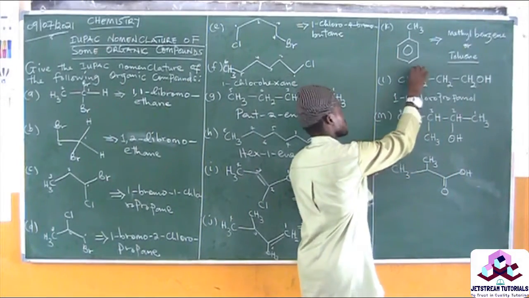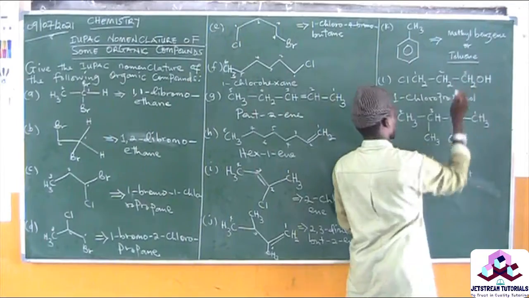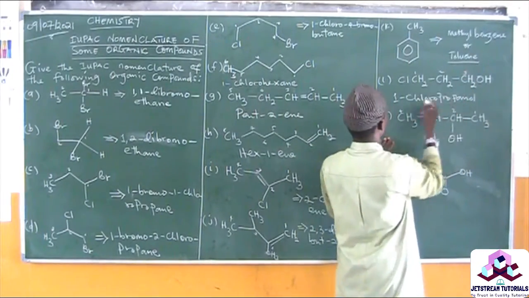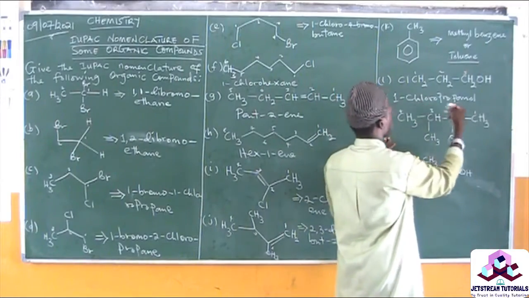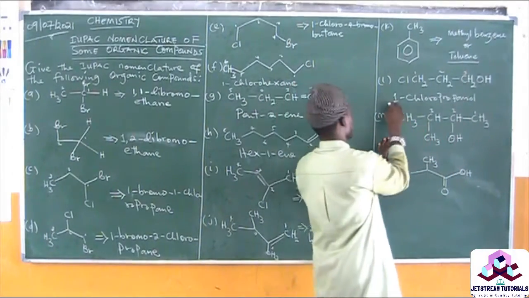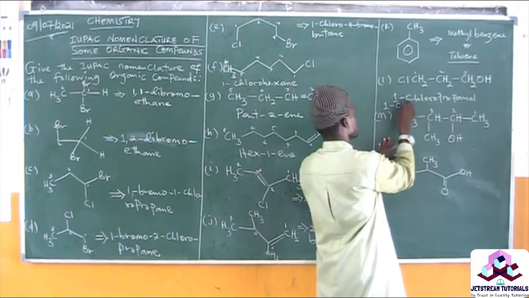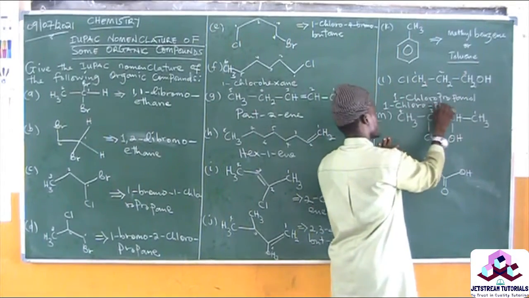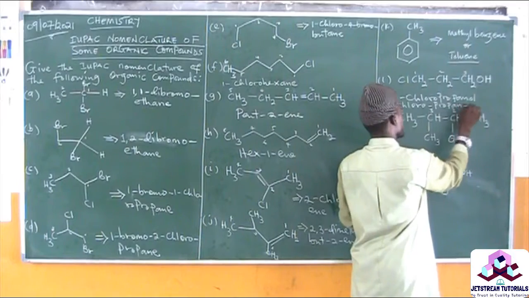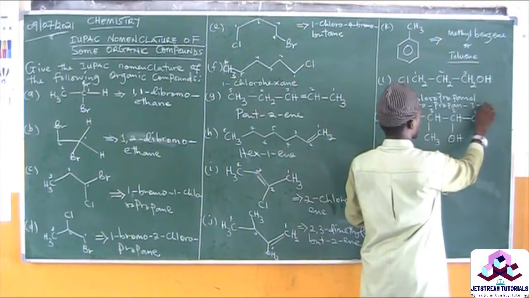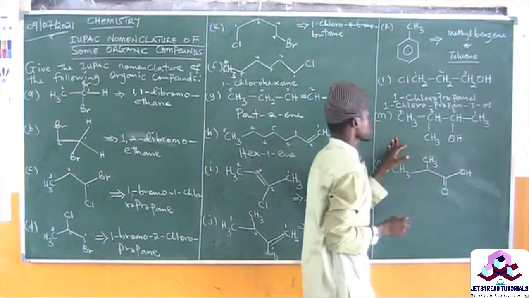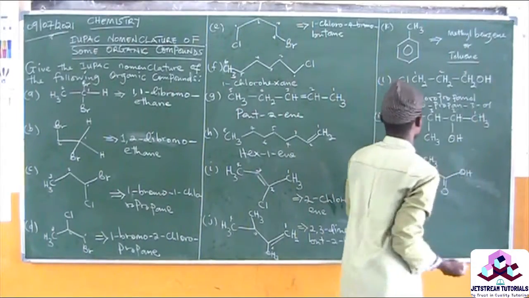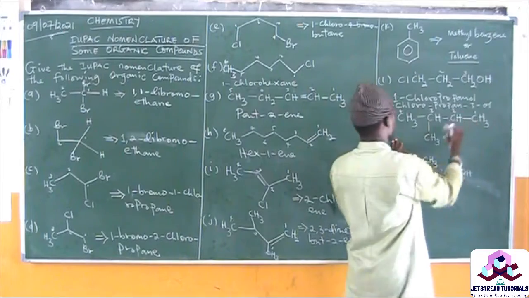Remember I said the numbering starts from here. 1, 2, 3. If you want to name this, you can also say 1-chloropropane-3-ol. Is that okay? If you don't want to use 1-chloropropanol, you can use 1-chloropropane-3-ol.